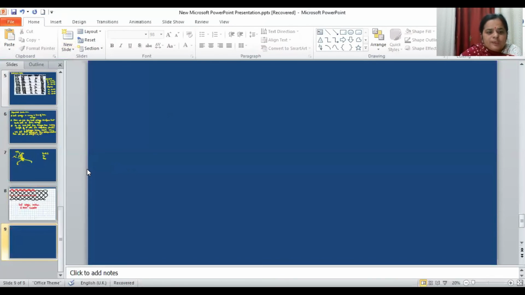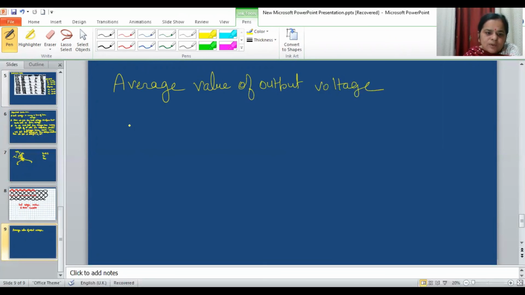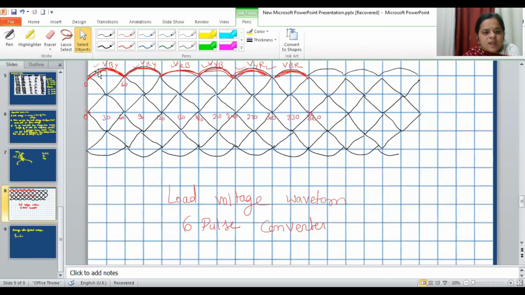Now if I want to calculate the average value of an output voltage, the analytical way of calculating it: VO is 1 by time period. As you can see with this waveform, the time period of this waveform is 60.